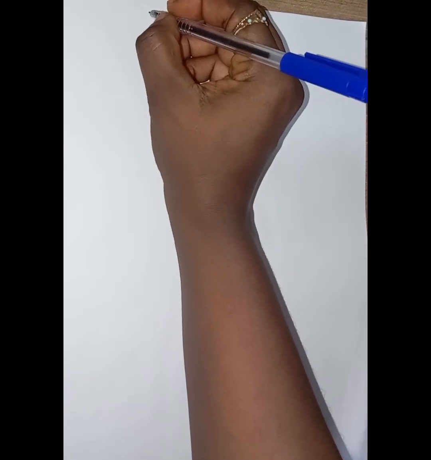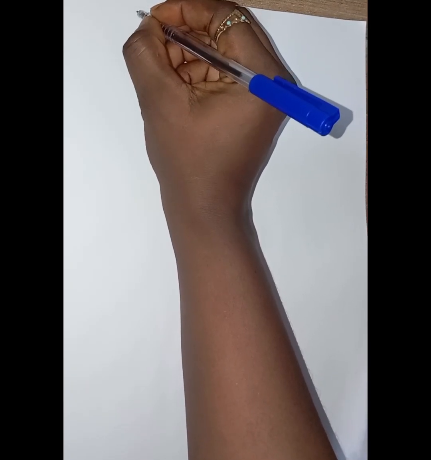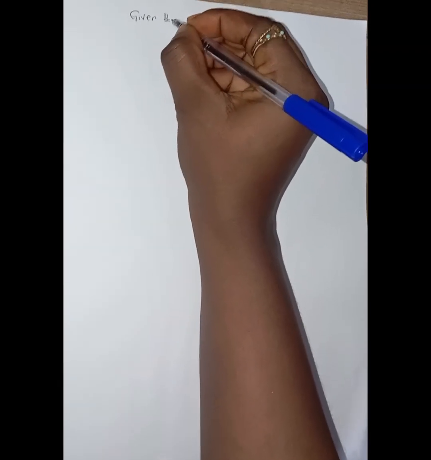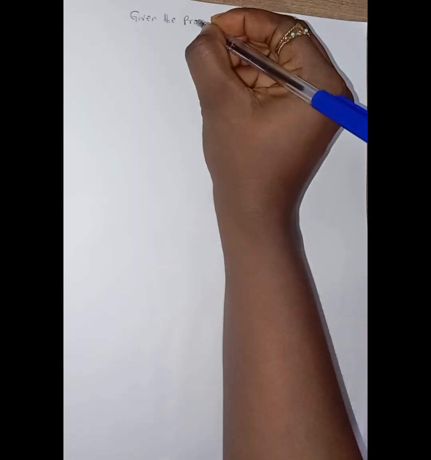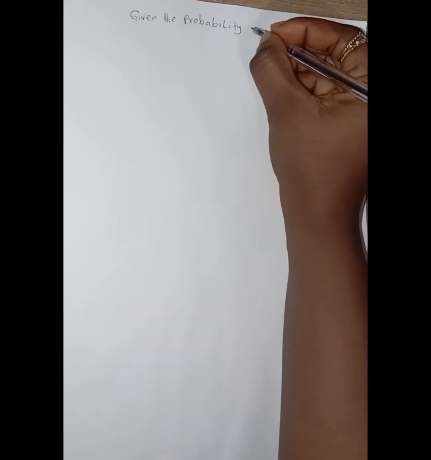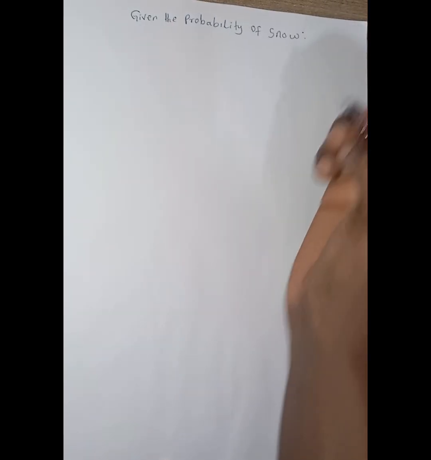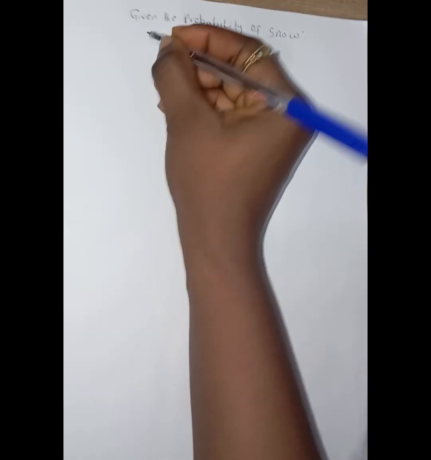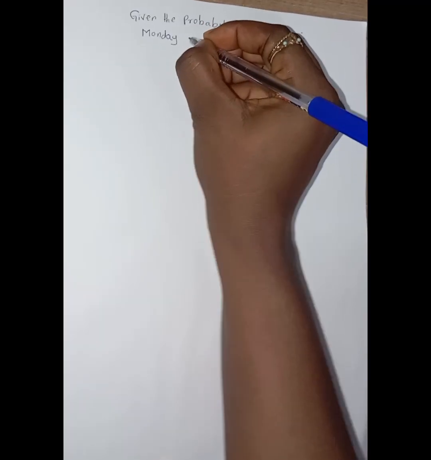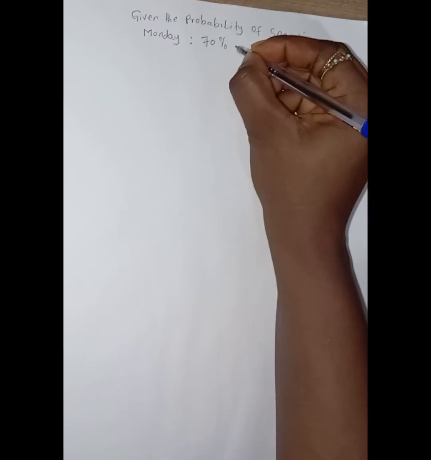So I'm going to start by saying, given probabilities of snow from the question, right? They've listed the probability of snow for Monday, Tuesday, and Wednesday. The probability of snow on Monday is 70%, which is equivalent to 0.7.